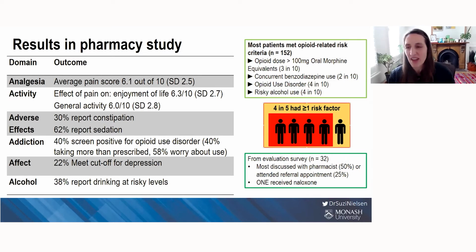So we did find that using this tool in practice means that we were able to have those conversations that weren't necessarily happening otherwise, to start to address some of these problems. Probably slightly disappointingly, we found that only one person received naloxone as a result of doing this screening. So we probably have some room to improve in terms of increasing the prevention strategies around opioid risk.